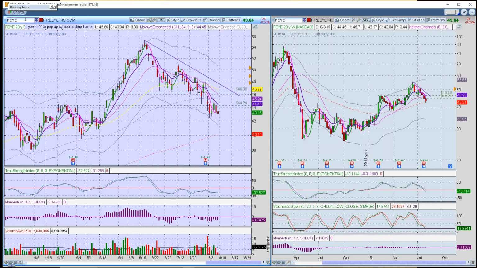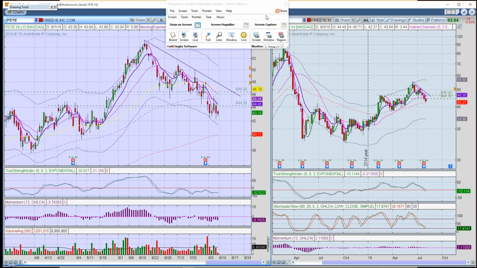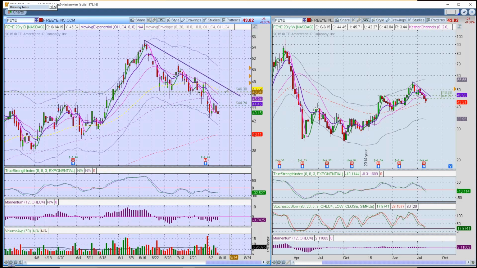It does now have a downturning 50-day moving average, so this is one of those could go either way. If we retake the 44 level and drive up, it's probably not going to drive much higher than 46-ish, and that's where it may roll back over and fall.